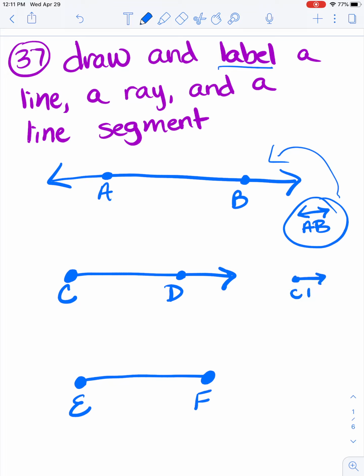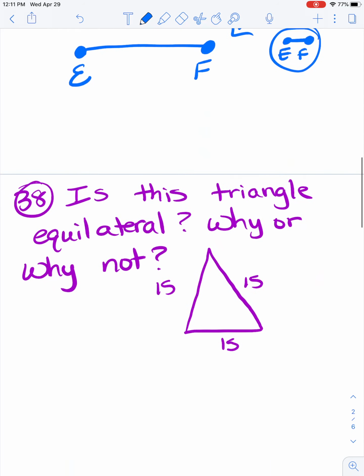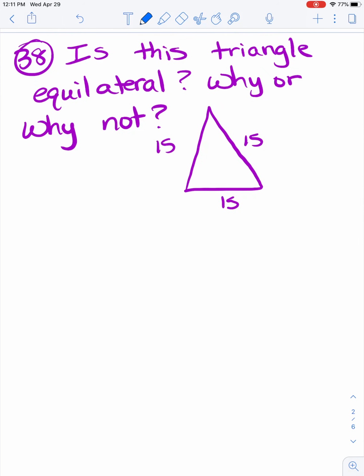Line AB. If you saw something that looked like this, that would say draw a ray CD. And if you saw something like this, these little pieces, that would mean drawing a line segment, EF.